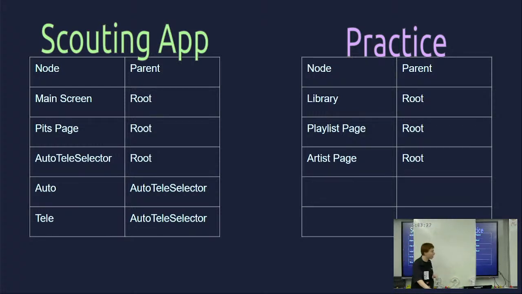So you have your Epic app, and what the auto tele selector menu allows us to do is have a little bit of a bar up top and at the bottom, and you have all of your content from these two pages switching on here.